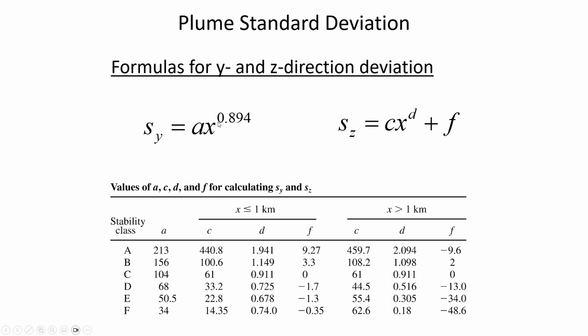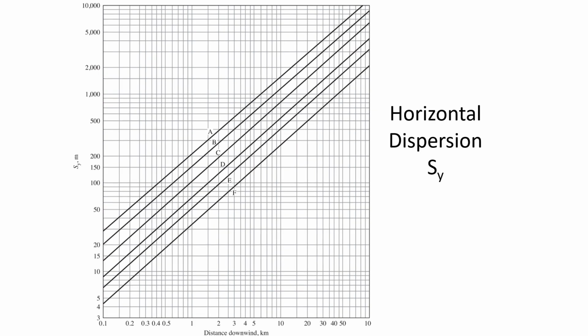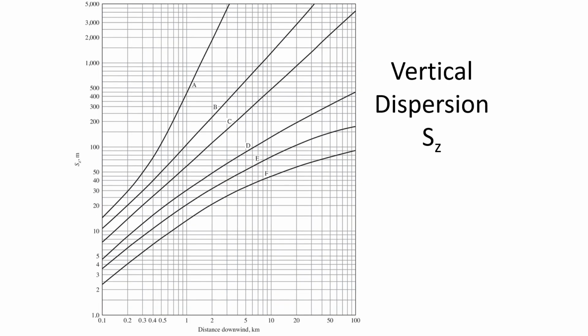So x is the distance. You can see there's different coefficients that you'd use if x is less than a kilometer compared to more than a kilometer. And then the coefficients would tell you, in meters, the horizontal and vertical dispersion.